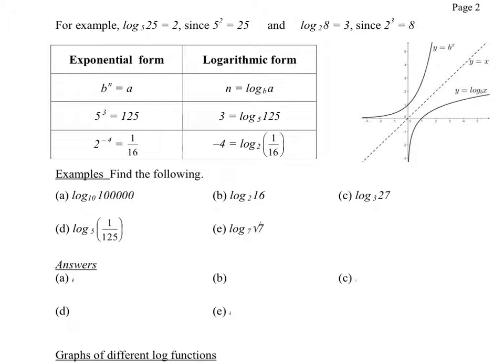Okay, for the first one, 10 to the power of what gives me 100,000? It would have to be 10 to the power of 5. So the answer there is 5. In the second one, think to yourself, 2 to the power of what gives me 16? Well, 2 times 2 is 4, times 2 again, 2 cubed is 8, 2 to the power of 4 is 16.